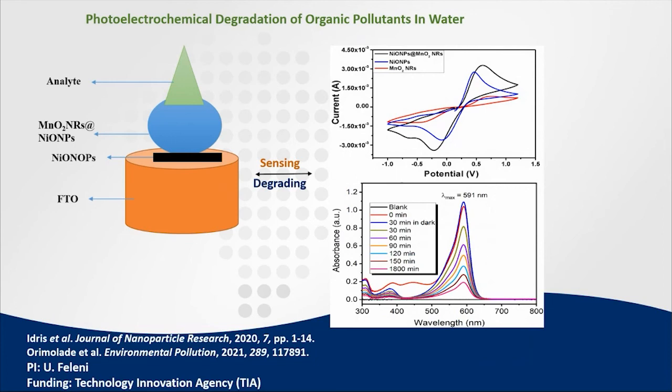But now we have integrated or combined 2 methodologies together. How do we then go about that? So it's very important to fully understand the photo part and to fully understand the electro part, because they go hand in hand.